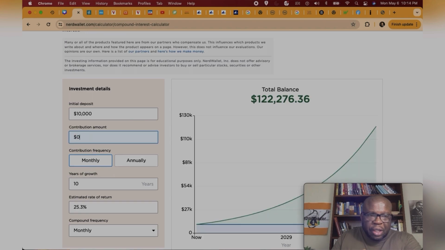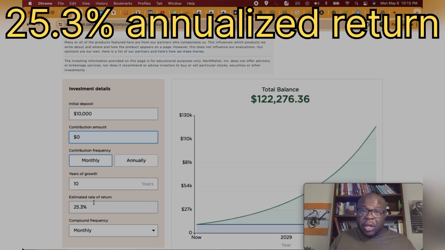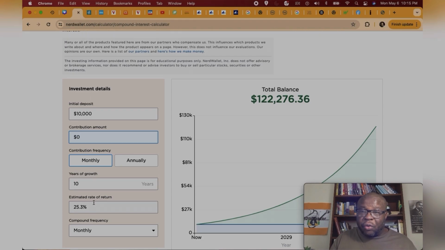After 10 years at 25.3% compound interest, we would have a total value of $122,000. Not bad for just letting your money sit there, right? That's about 12x your investment.